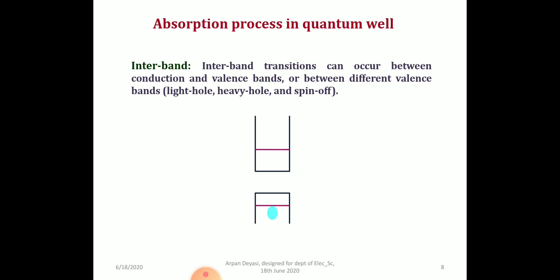And naturally for interband, if you consider the hole in the highest occupied level in the valence band, then by giving energy it can be transferred to the lowest occupied level of the conduction band, and this energy transfer depends naturally on the band gap and is more than the band gap. So that's very, very important for interband transition.